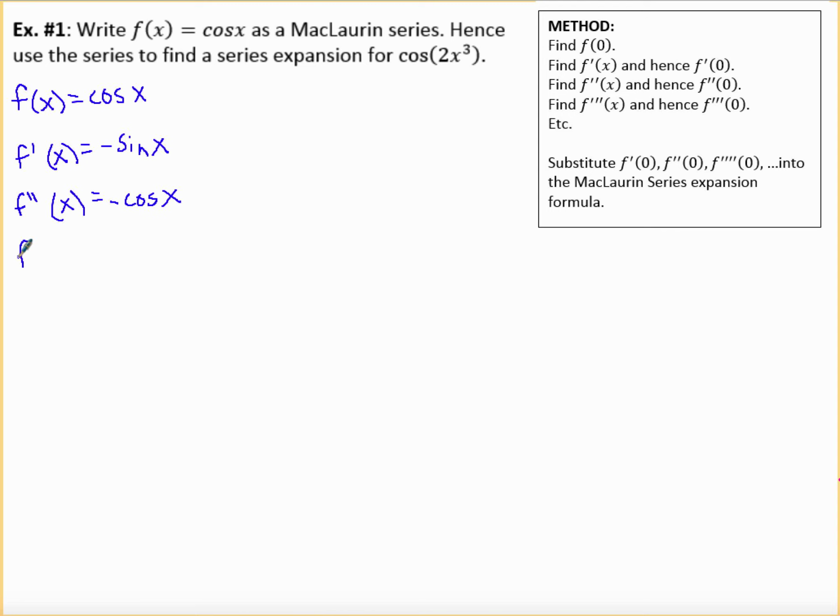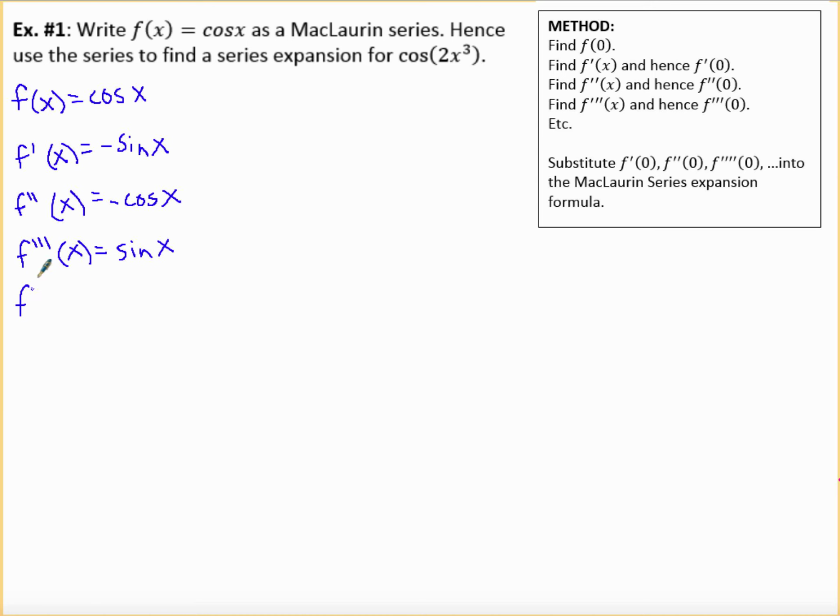The third derivative, well, the third derivative of negative cosine of x, well, the derivative of cosine is negative sine, and 2 negatives makes it positive. That's going to bring us back to the sine of x. And then the derivative of the sine of x is cosine of x.